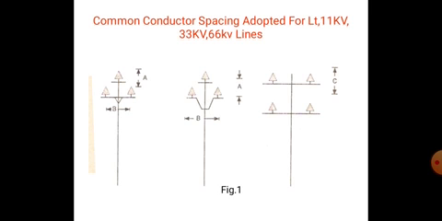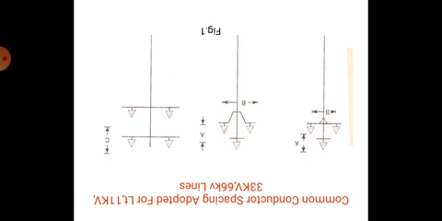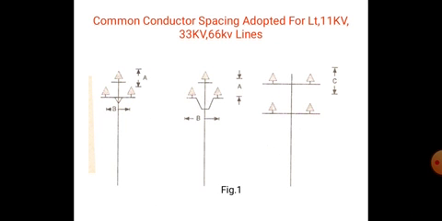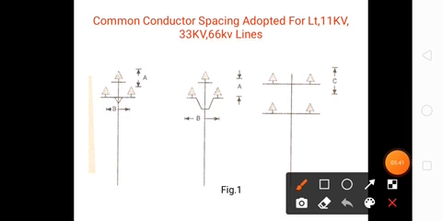What is the spacing for 11 kV? It is 0.914 meters. For 33 kV, it is approximately 1 meter. At 66 kV, it is 1.8 meters. See here this insulator to insulator distance.